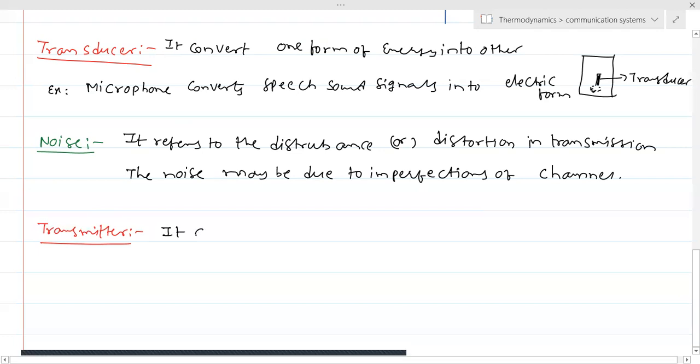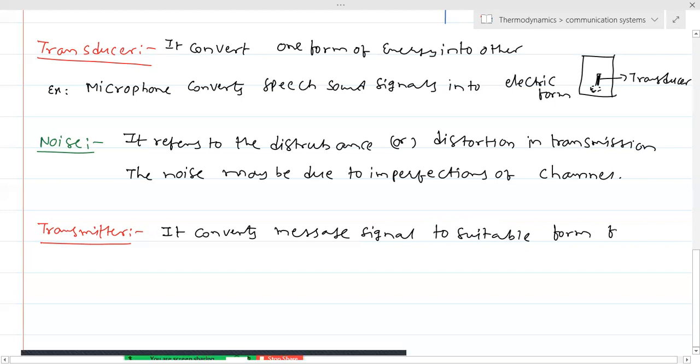Transmitter means it converts message signals to the required suitable form for transmission.